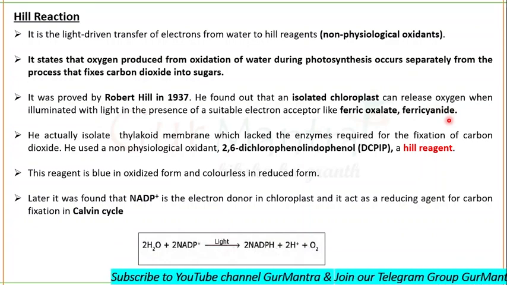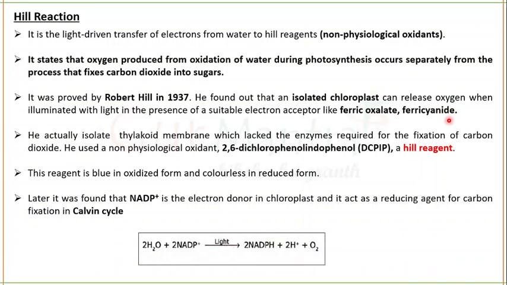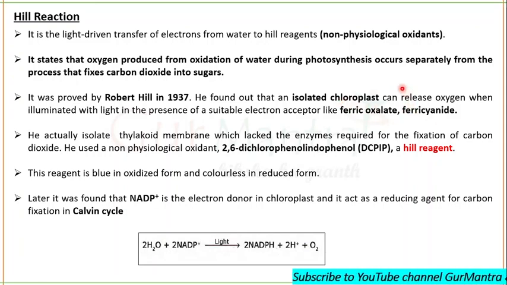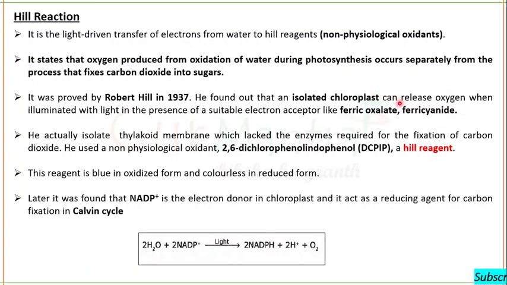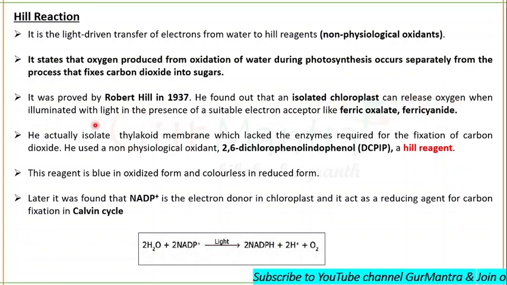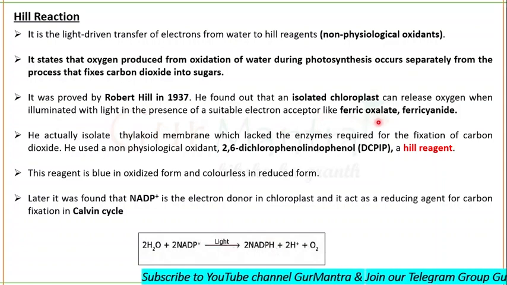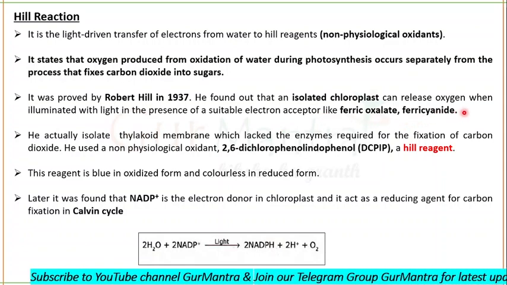Okay, there is evolution of oxygen during the light reactions. So he took a chloroplast. We know that light reactions will take place in the chloroplast. So he took an isolated chloroplast and he saw that it can release oxygen if this chloroplast is being illuminated with the light, and there must be the presence of some electron acceptors like ferric oxalate and ferricyanides.